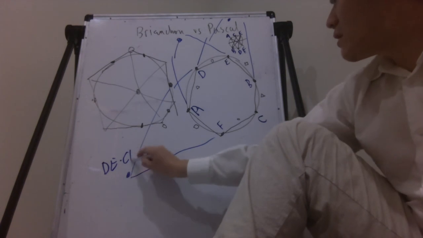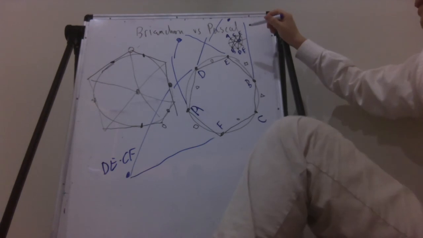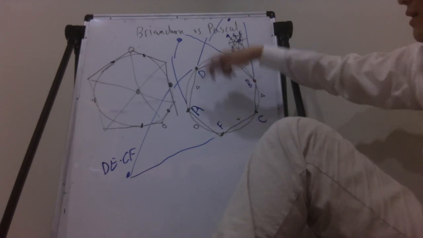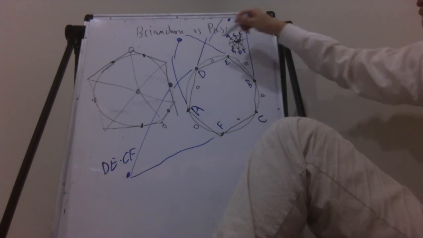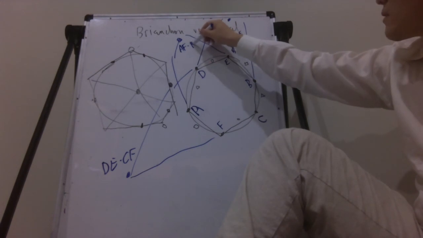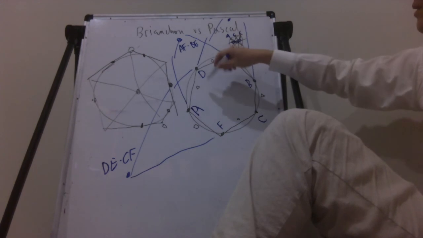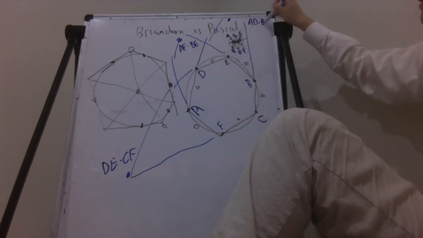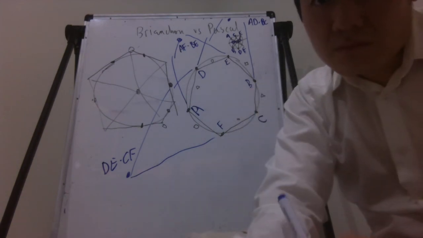Yeah? That's this one. AF dot EB, right? That's the middle one, that's here. What's the last one? AD. That's the first one we had, right? AB dot BC. AD.